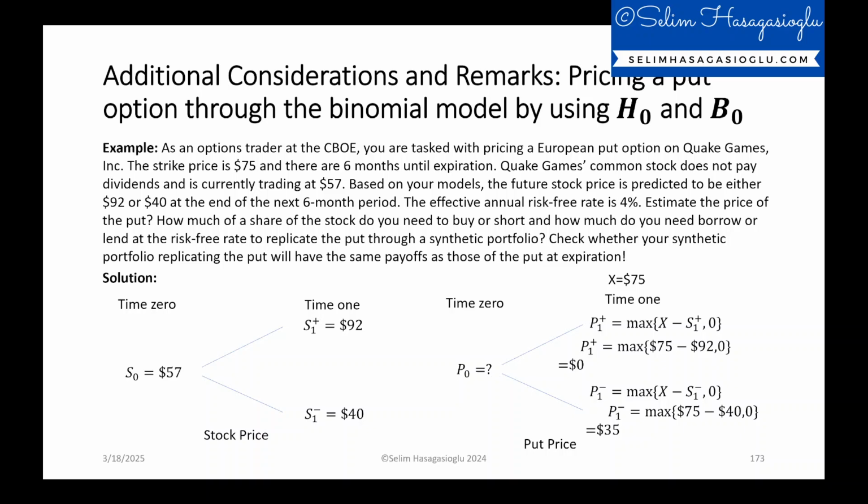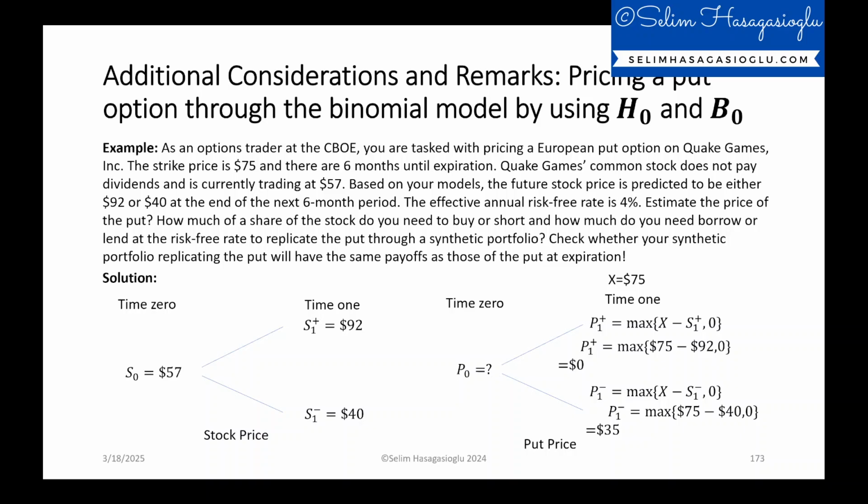Actually, without delving into the solution, we can claim that the fraction of a share of the stock you need to buy in the case of a put option, or the delta value or the hedge ratio, should be a negative value, because as a put option holder you are shorting the stock, and this is important.